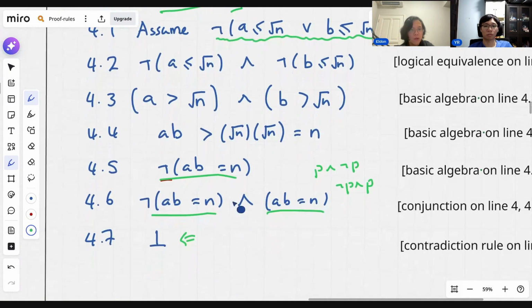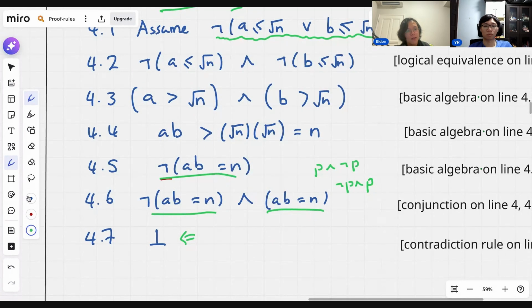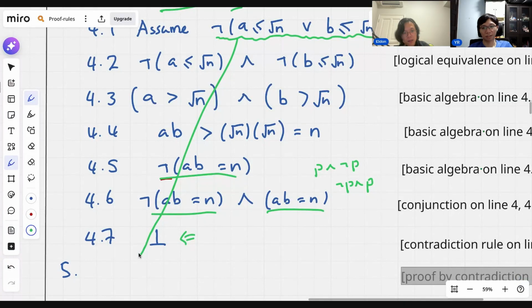So via the proof by contradiction rule, we can copy paste this thing without the negation: a is less than or equal to square root n, or b is less than or equal to square root n.